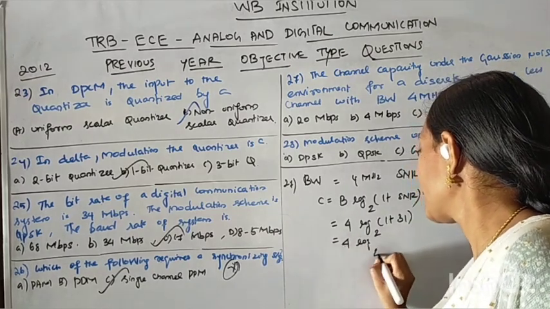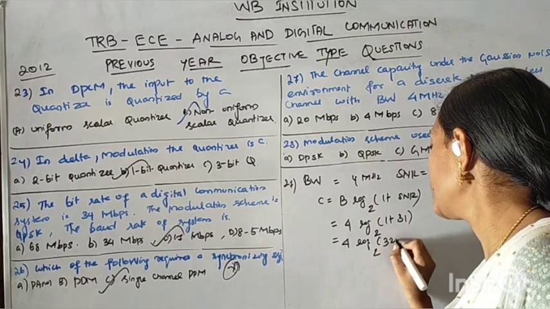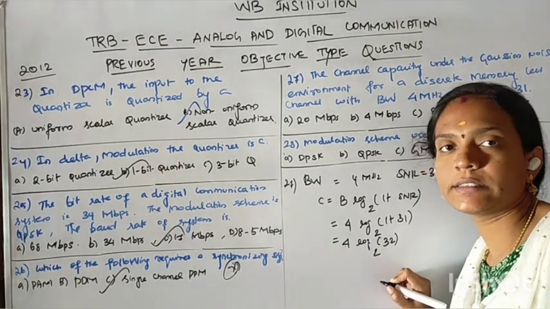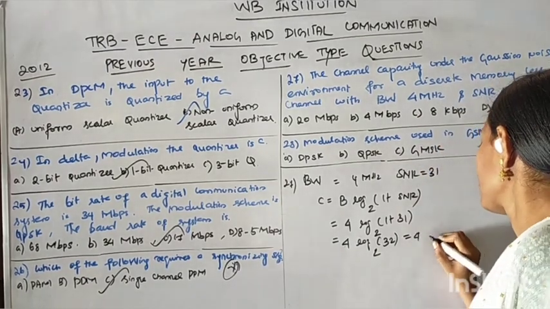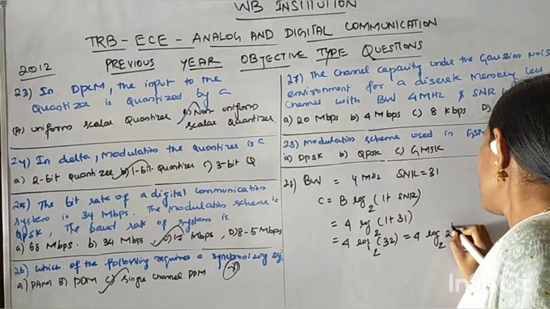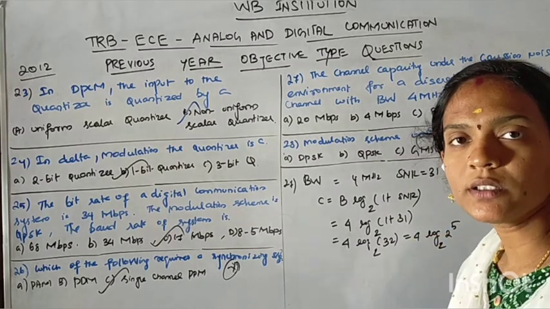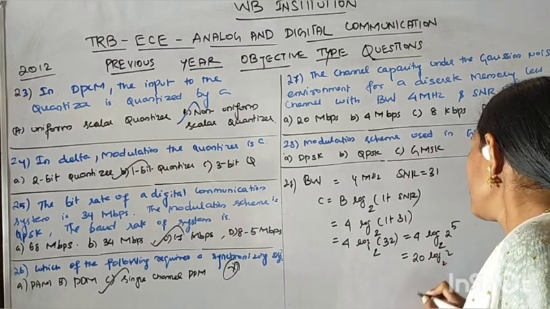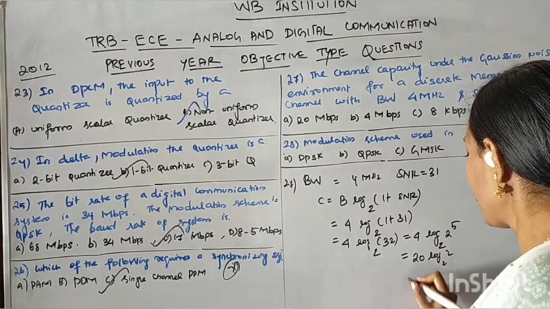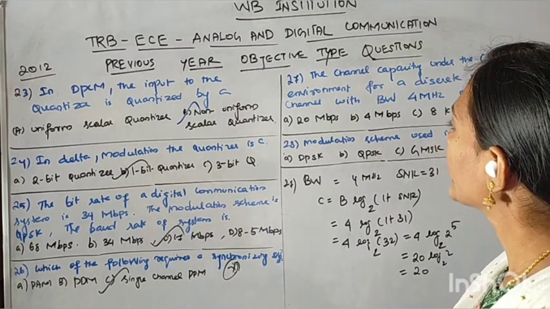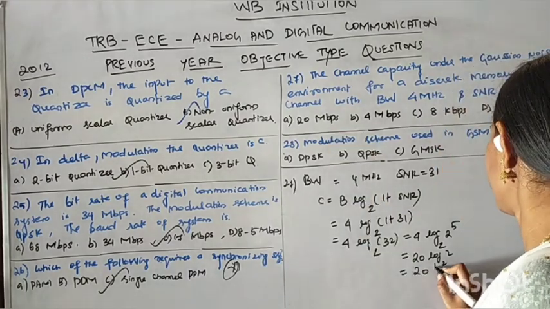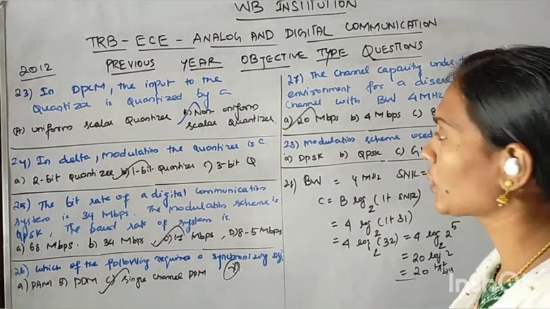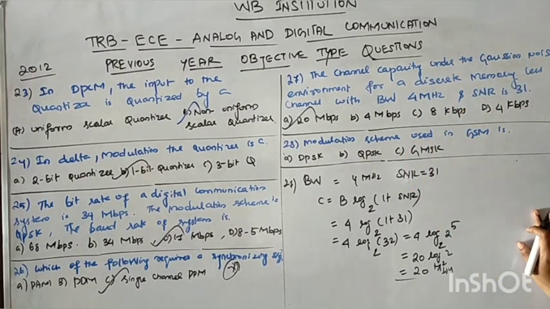On simplification, we get 32. 2 power 5 is 32. So this 5 comes in front and it becomes 20. Since log base 2 and the value are the same, the answer is 20 megabits per second. So option A is the correct answer. Option A, 20 megabits per second.